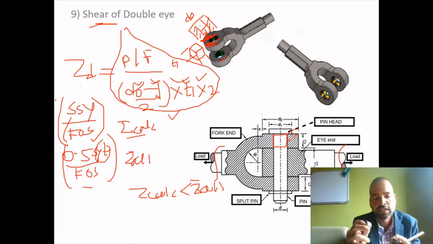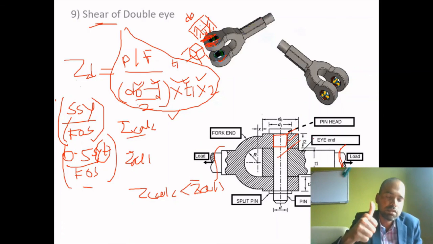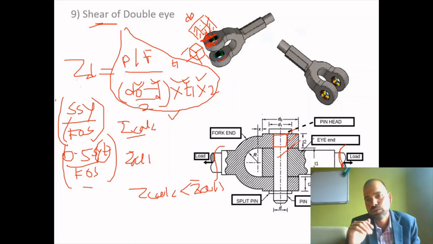So 3 for single eye and 3 for double eye make 6 failures. Tensile failure of the rod is the 7th failure, and 2 failures for the central pin: one is double shear and one is bending failure. So 7 plus 2, 9 failures. If we write down the stress equations and find the dimensions with respect to these 9 equations, the dimensions of the knuckle joint are safe for the applied tensile force, right? So this is the way of designing a knuckle joint.